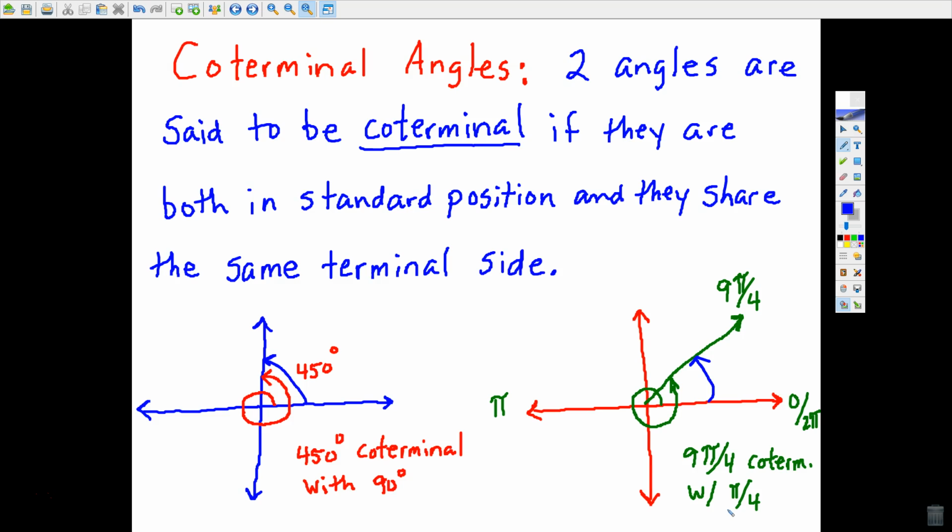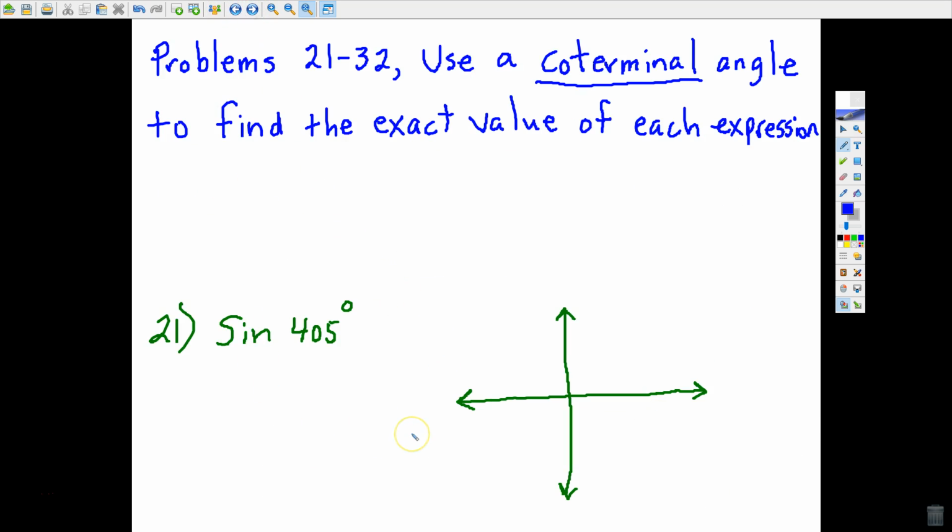We've been studying those 30, 45, 60 degree angle measures and all the trig ratios that apply to them. So this idea of coterminal angles will really come in handy when we are given large angles, and we can put them in more familiar terms. All right, so let's just take a look at some examples.